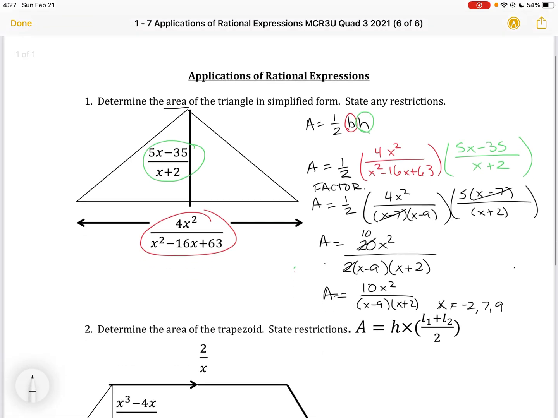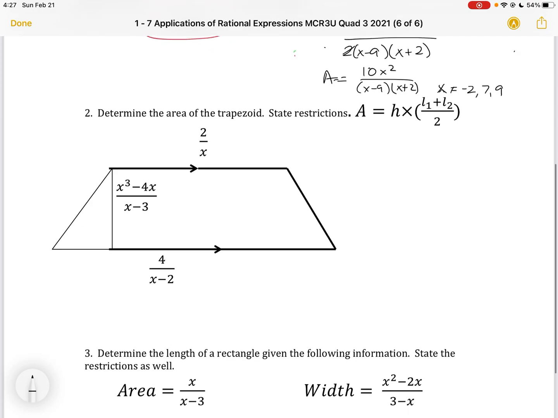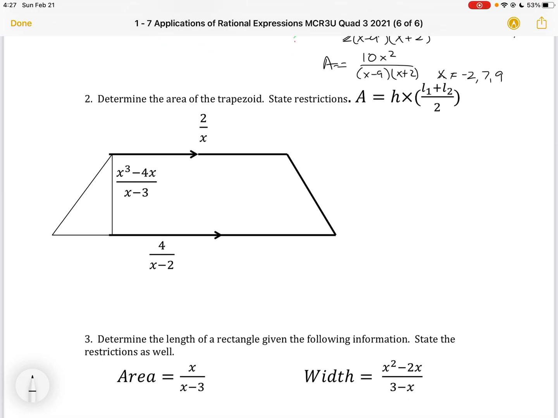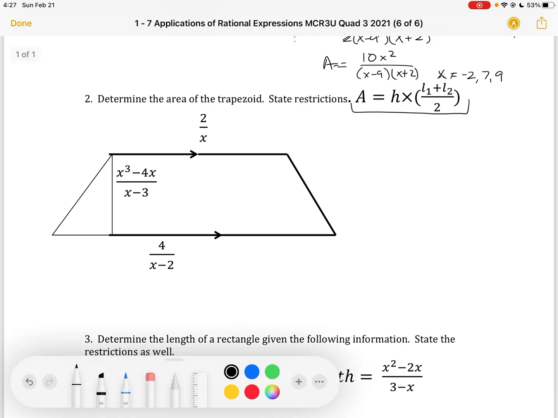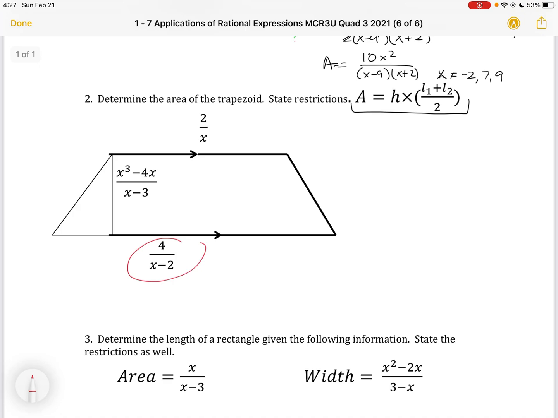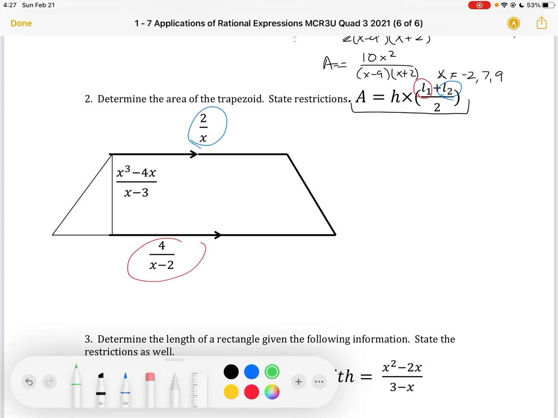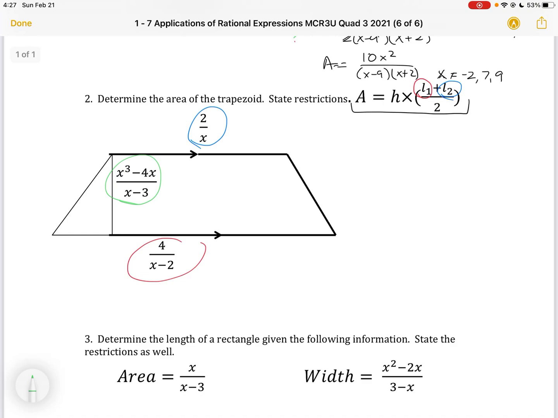In my next example, I'm going to determine the area of the trapezoid, and the formula is given for you here. So let's identify those ones. L1 is the length of the bottom, L2 is going to be the length of the top, and then the height here.